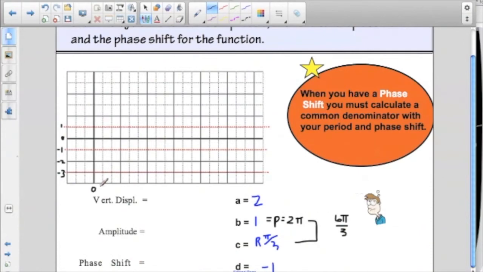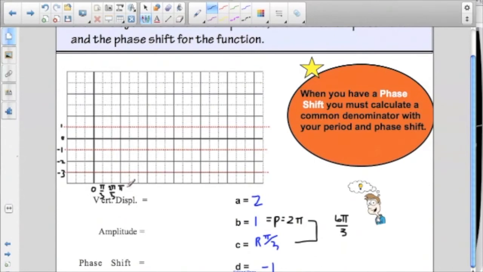So the first tick is π over 3, the second tick is 2π over 3, and the third tick is 3π over 3, which we know as π.